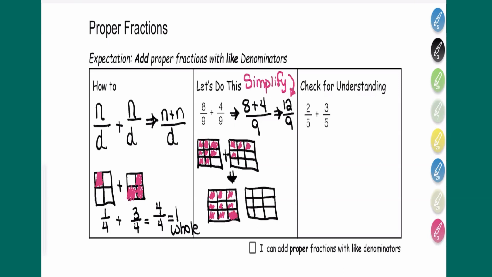I'm going to go this way, 1, 2, 3, 4. The only reason I went a different way is so that you can see where that 4 comes from. But you notice they're all pink. They all fill in, and you can see it spills over. So here I have one whole, but now I have 3 out of the 9 that I need.